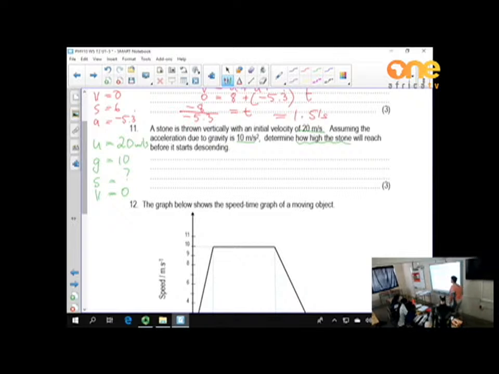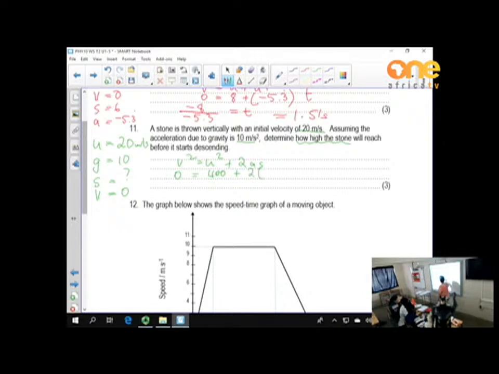Okay, which formula are we going to use? v squared equals u squared plus 2as. What is v squared? 0. What is u squared? Well, it's 20 times 20, so it is 400.